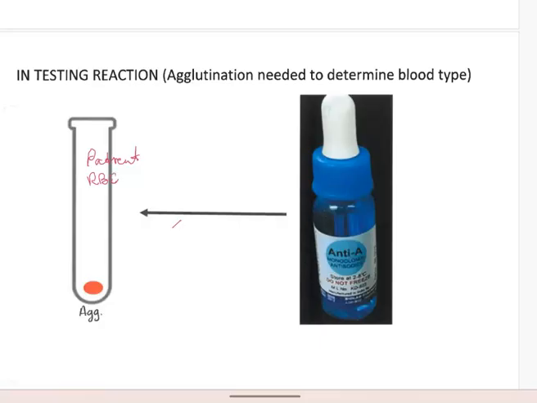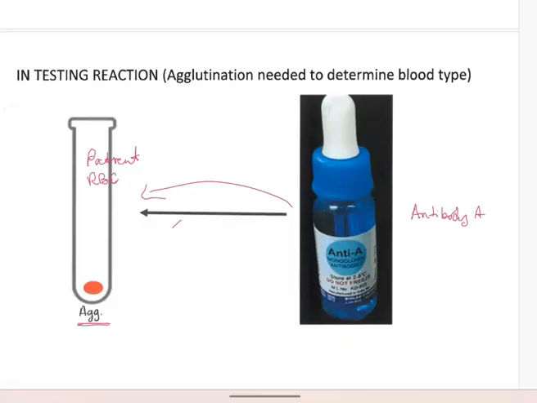And then we have our reagent, which is anti-A, representing antibody A. And of course, we have the pellet here at the bottom of our tube that's representing agglutination. So that means we have added the reagent, antibody A, to our patient red blood cells, and we've ended up with agglutination in the tube.